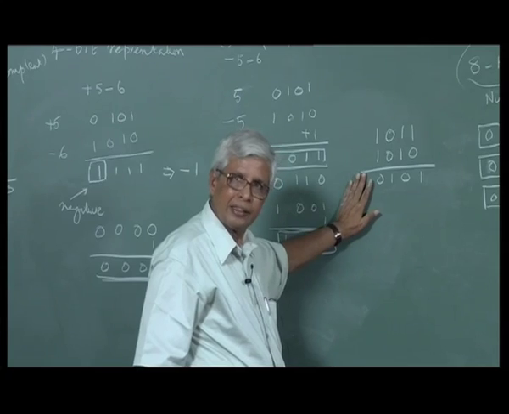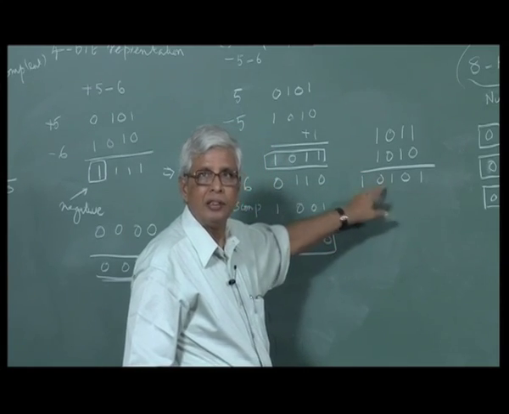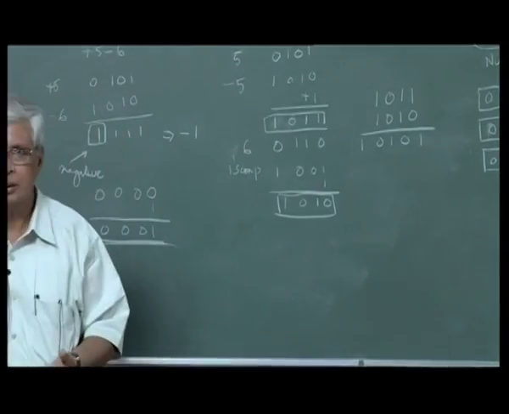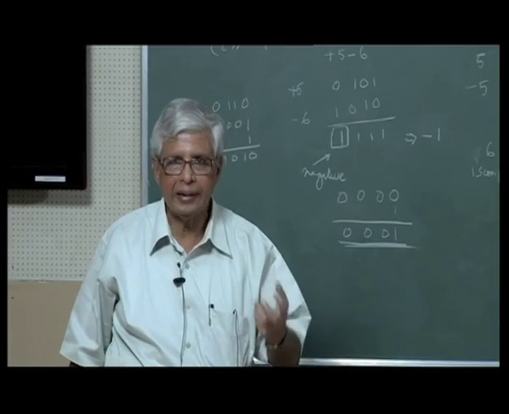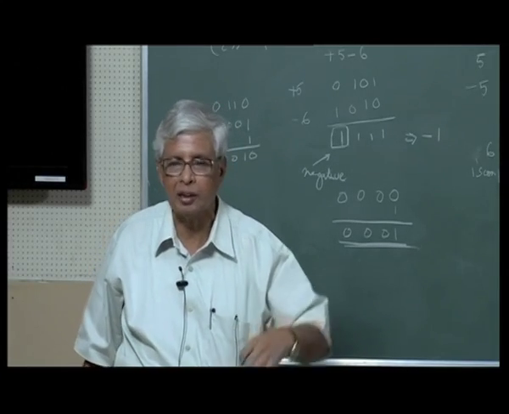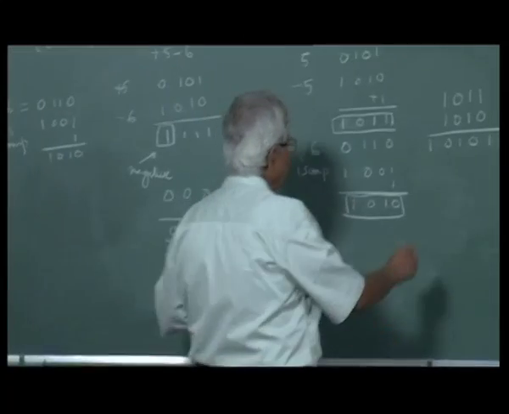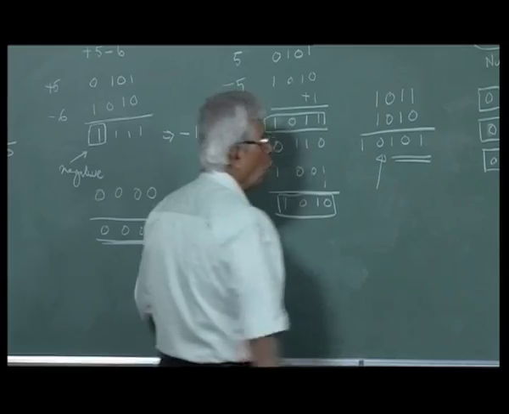Now also I can discard it, but then the answer comes as positive, which is wrong. Minus 5 and minus 6 has to give a negative number. You don't know the answer, but you know that both are negative. Adding a negative number to another negative number has to give you a negative number. Since the sign is positive, that means this is wrong. Why is it wrong?